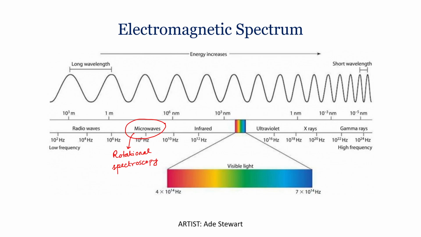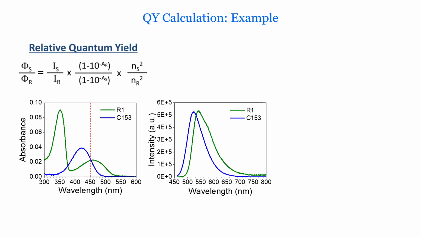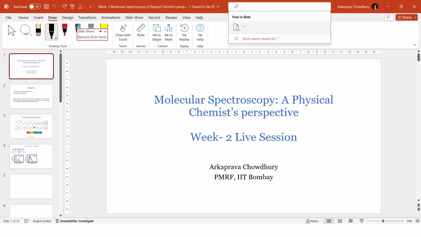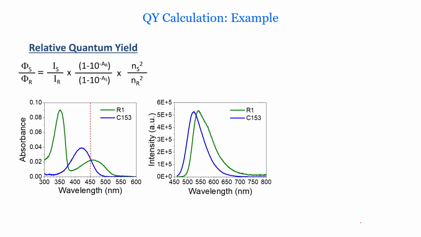Before going there, we will look at the previous day's discussion on quantum yield calculation. Quantum yield can be calculated two ways. One is relative quantum yield, which we are going to discuss today, and another is absolute quantum yield.